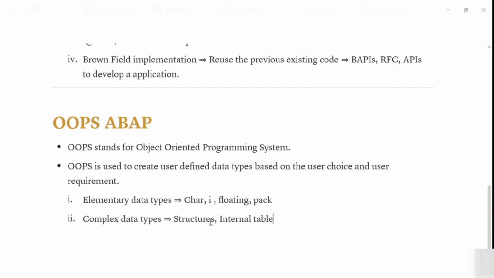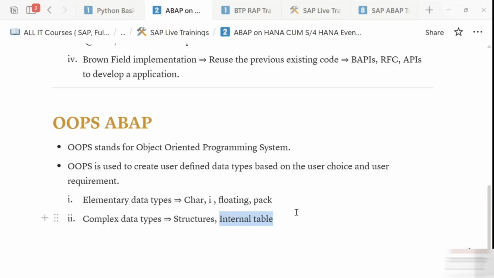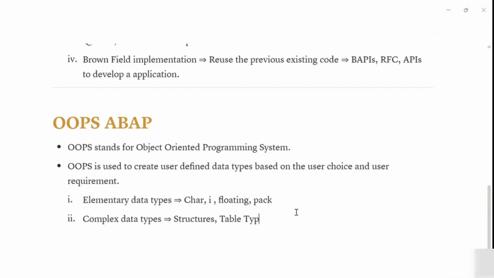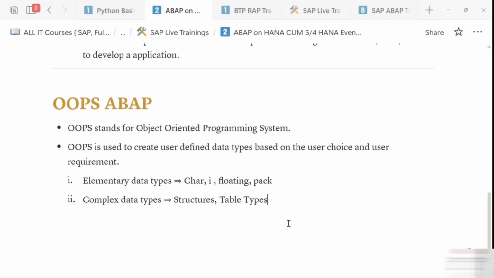For creating an internal table, we generally use table types where we can have multiple records. So these are the basic kinds of types that we have in ABAP programming.